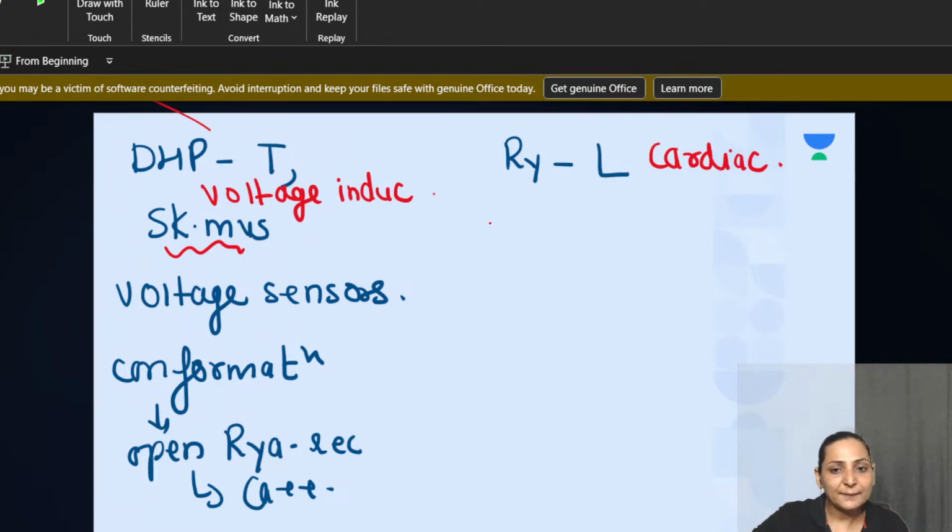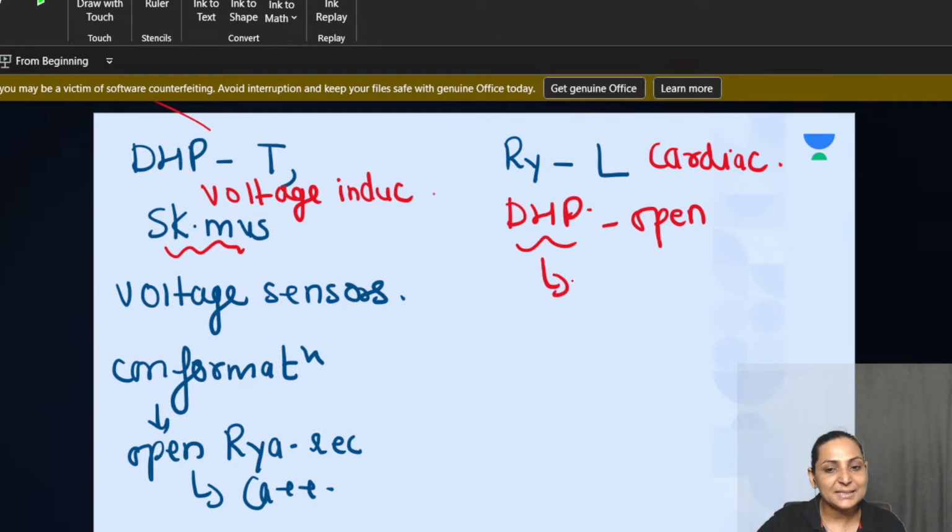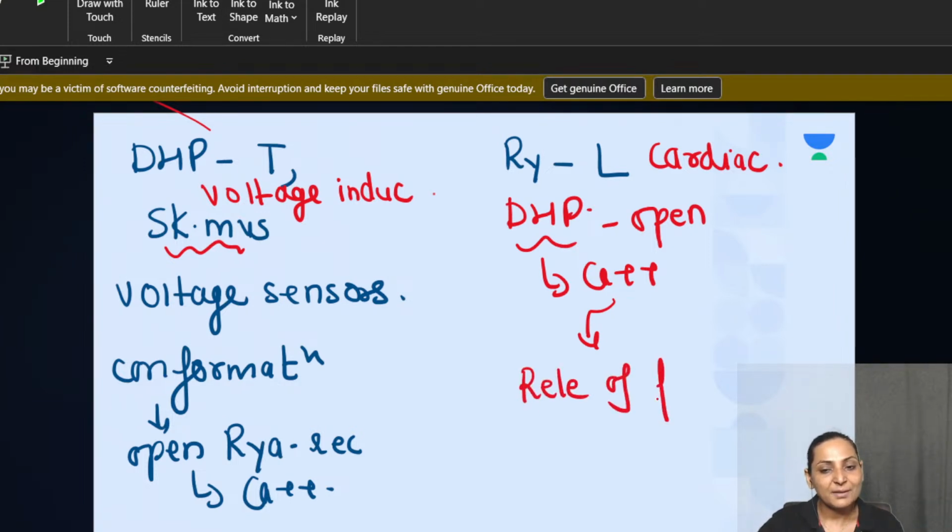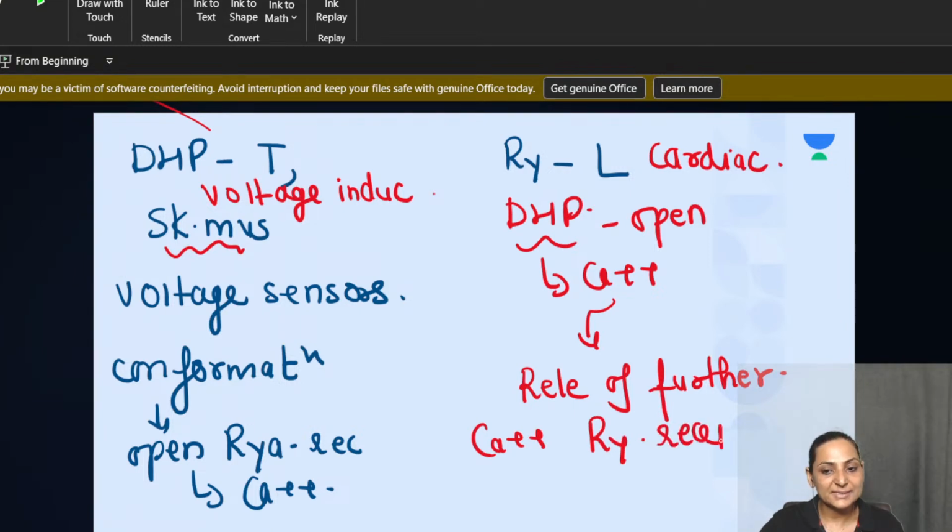Now here the DHP receptors open up with change in the voltage, but these will also pour calcium. As they pour calcium, this calcium will cause release of further calcium from the ryanodine receptors.